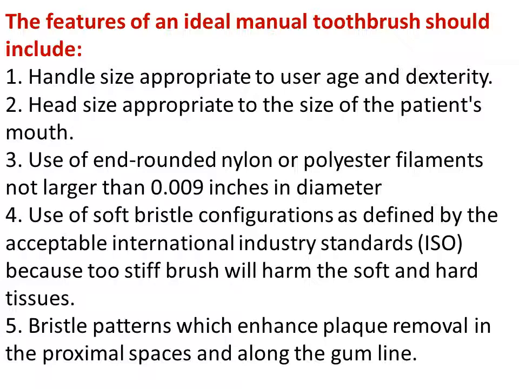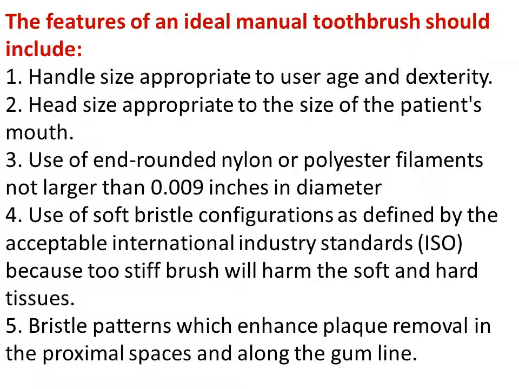The features of an ideal manual toothbrush should include: Number 1, handle size appropriate to user age and dexterity. Number 2, head size appropriate to the size of the patient's mouth. Number 3, use of end-rounded nylon or polyester filaments not larger than 0.009 inches in diameter.